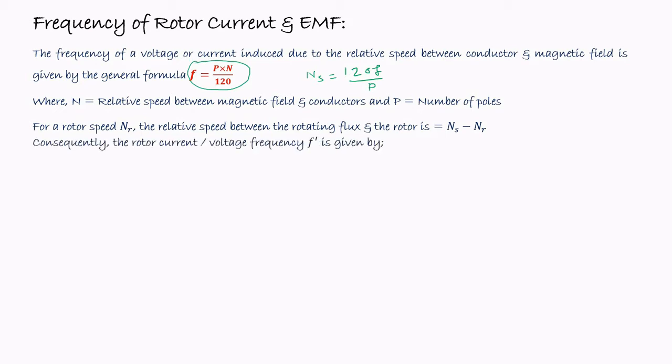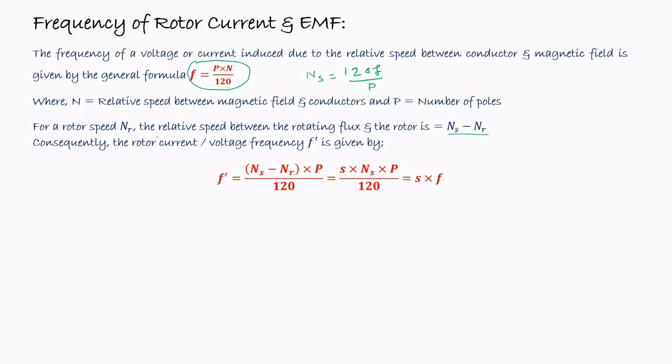Consequently, the rotor current or voltage frequency F dash, during the running condition, can be written as F' = (Ns minus Nr) × P / 120. Because when the rotor is running, the relative speed between the rotating magnetic field and the rotor is Ns minus Nr.